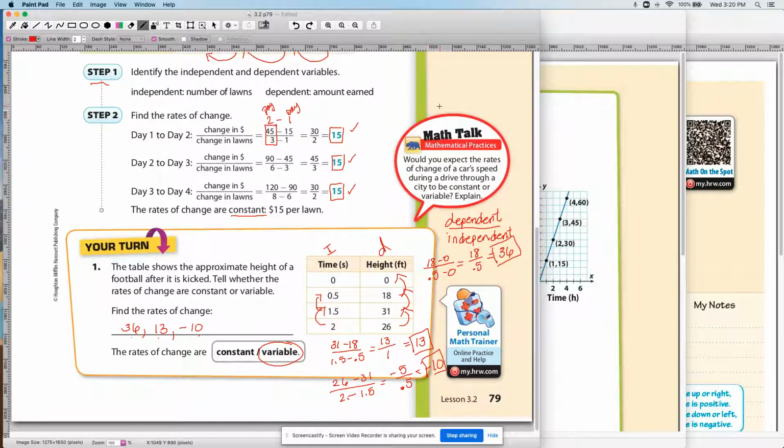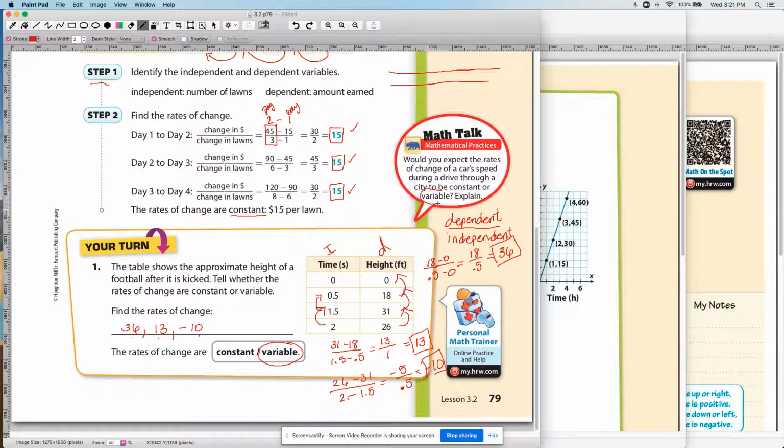Is it going to be constant? Are they going to go the same rate of speed the whole way through the town? Or is it going to be variable? Are they going to go a little bit and then stop, go a little slower, go a little faster, then stop? What do you think? Is it going to be constant or variable?